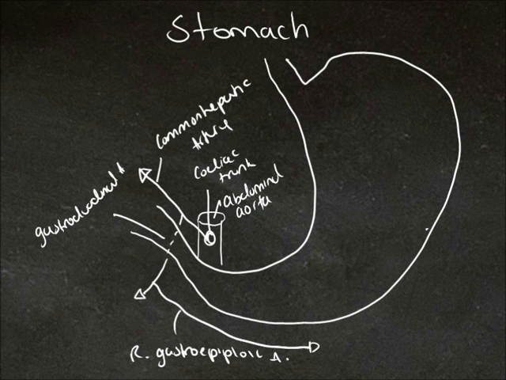The next branch of the common hepatic artery is known as the right gastric artery.